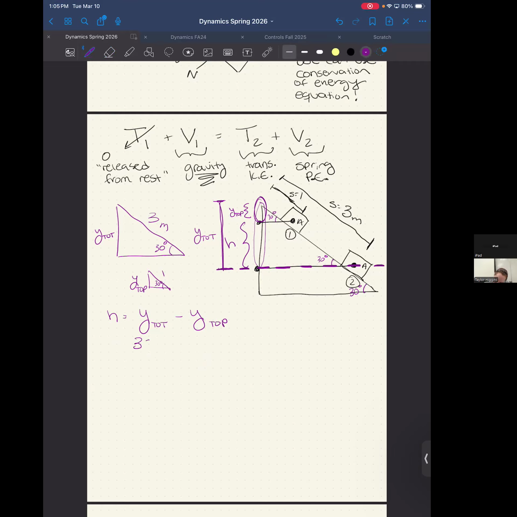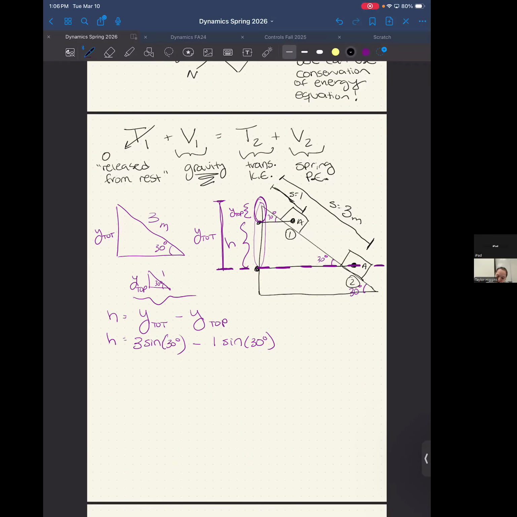So this is 3 sine 30 degrees. And this y top should be 1 sine 30 degrees. Okay, so my thinking is that we have 2 sine of 30 is h.